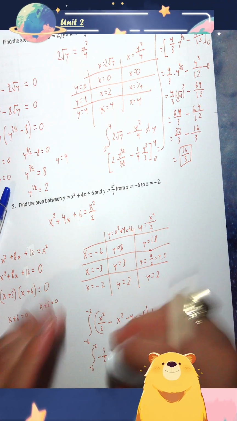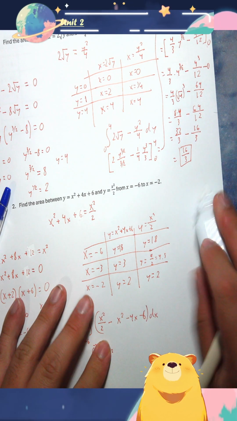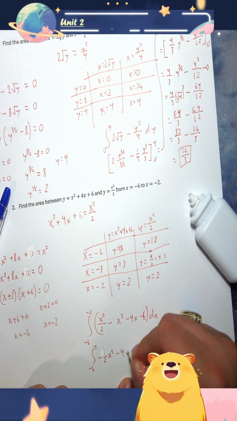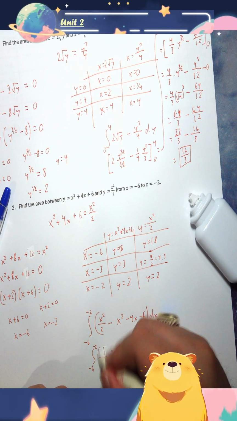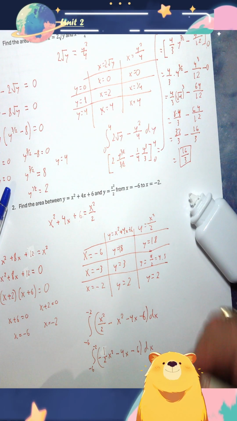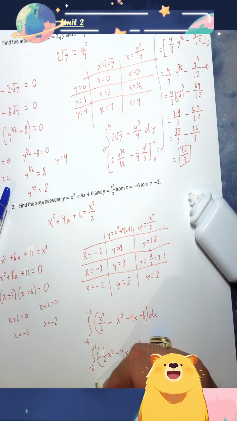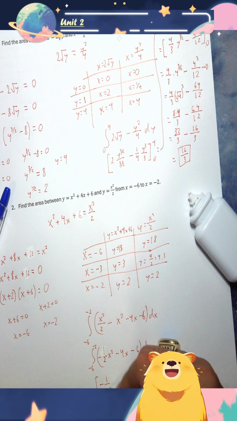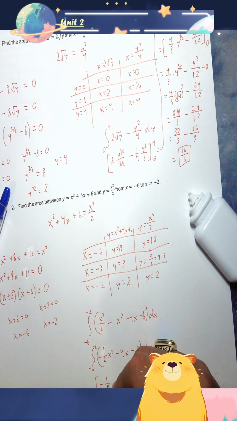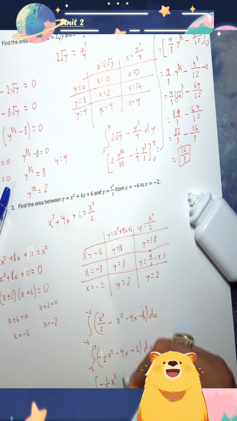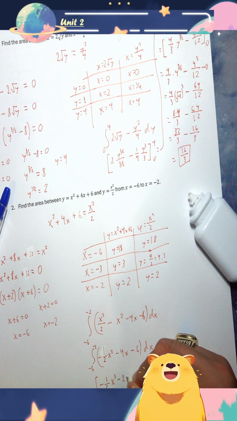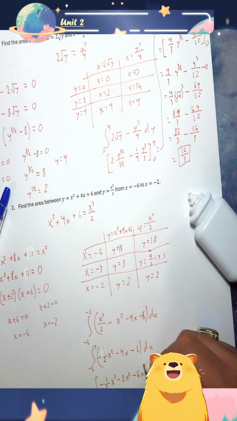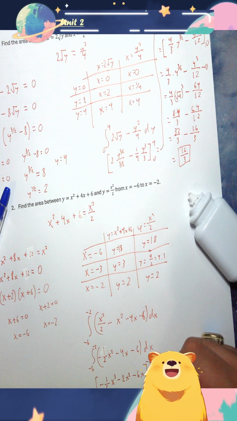1. And then minus 4x minus 6 dx. So we have -1 over 6 x to the power of 3 minus 2x squared, and then minus 6x for -2 and -6.